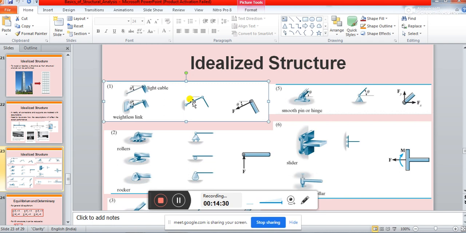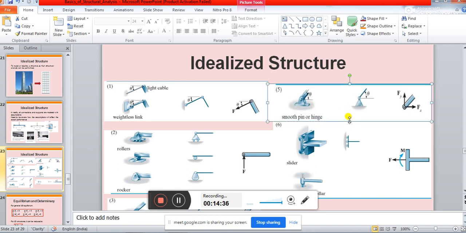Okay, now you see, if a structure is a smooth pin or hinge structure, in that case you notice this is a smooth pin or hinge structure, and a member is attached to it. So there is an angle with the horizontal, it is making an angle theta.